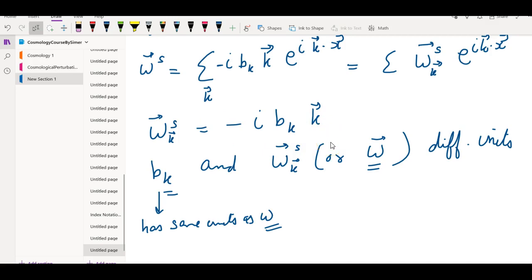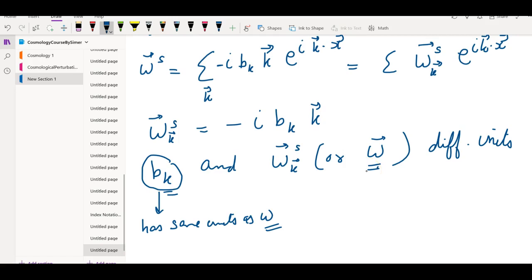Now, what we want is that when we look at the perturbation, we want to look at it as if we are looking at this vector, but its scalar part. So I want to keep this component's dimension the same as this.